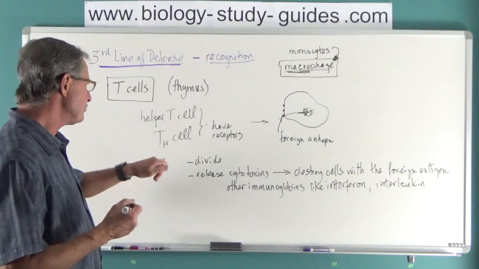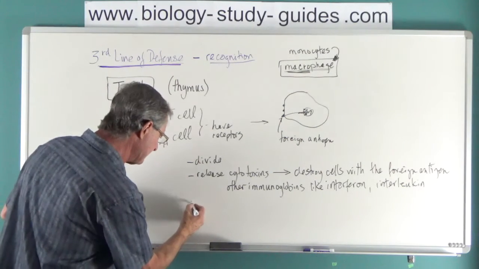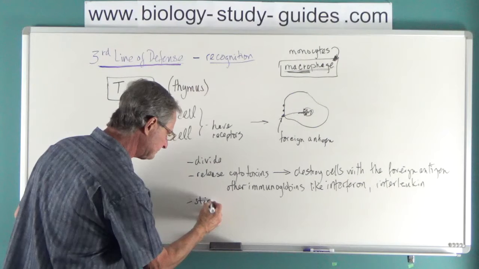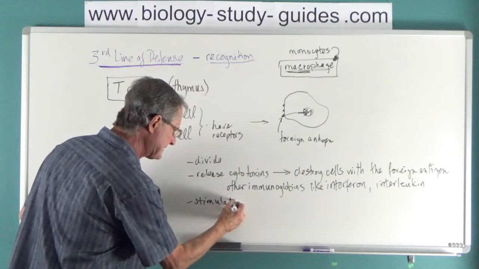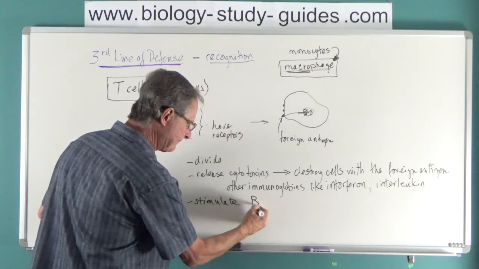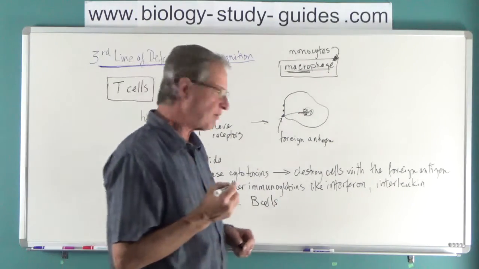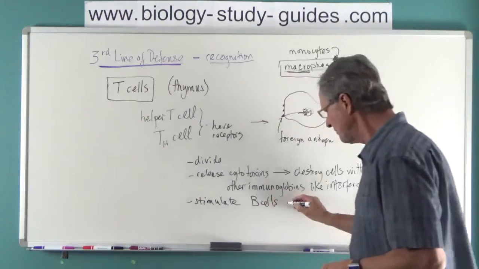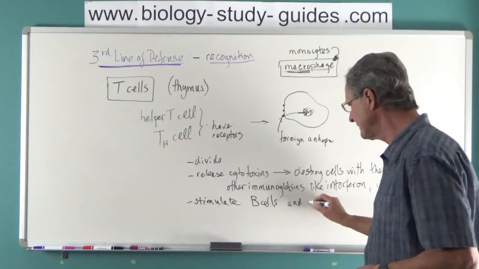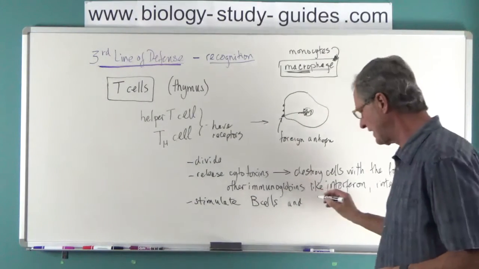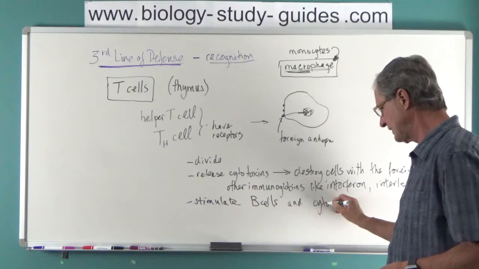The other thing that these do is they stimulate B cells. I haven't said anything about B cells in particular. B cells and another type of T cell, a cytotoxic T cell.